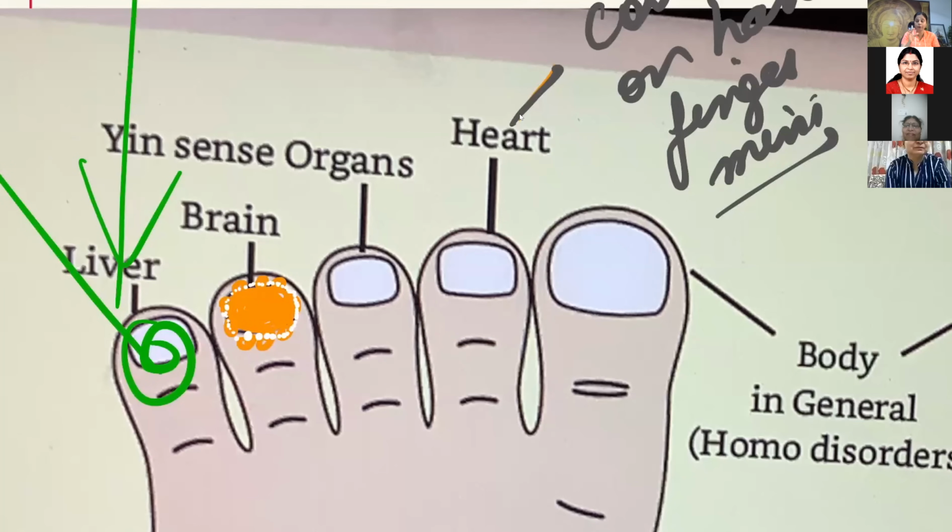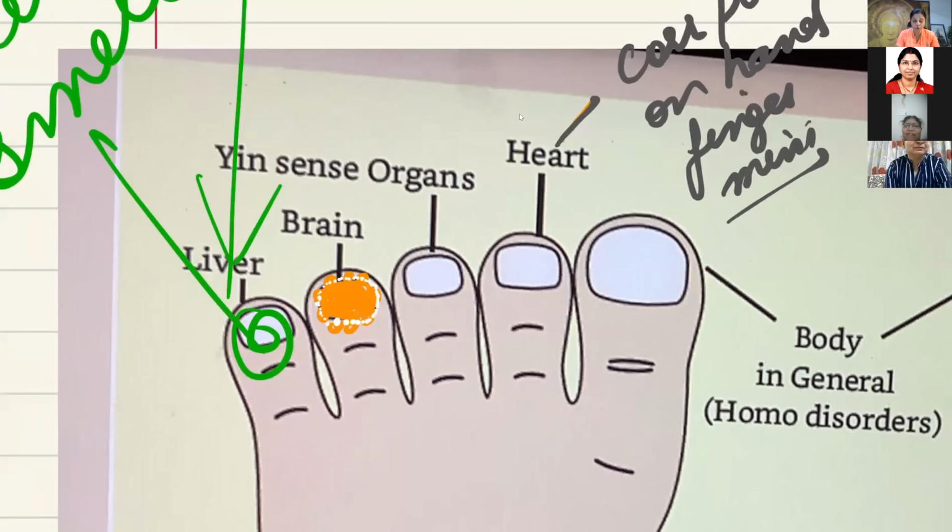Slowly you will see the color changing from black to natural color, and the nail condition changes. That is how you can use this nail therapy as diagnosis also. But if the nail is healthy, then we can do color therapy on the nail, or magnet therapy, or seed therapy on the nail.